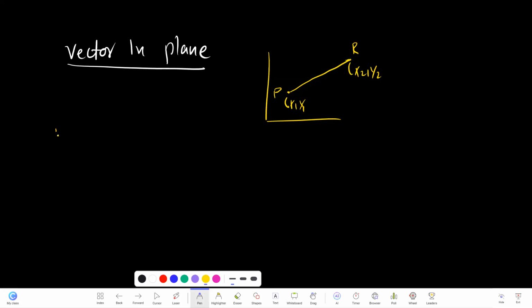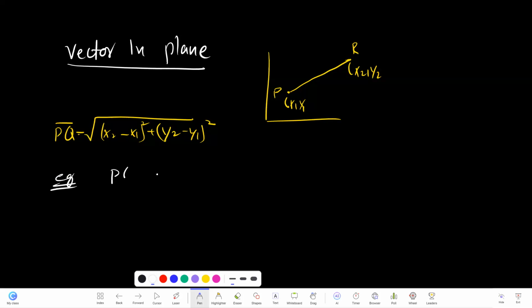And what we're learning is the PQ distance: the square root of x2 minus x1 squared plus y2 minus y1 squared. If someone gave you some points, for example, let's suppose that P is given as 2, 3, and R is given as 4, 8, and you want to know PR, we use the two bars, and I'm going to draw a little arrow, it means it's a vector.